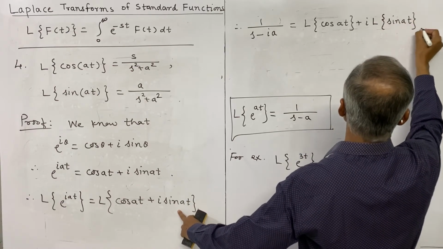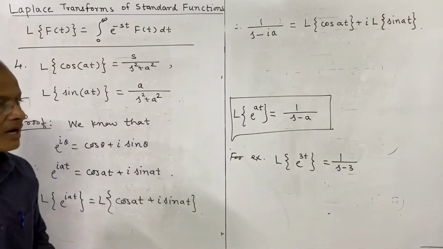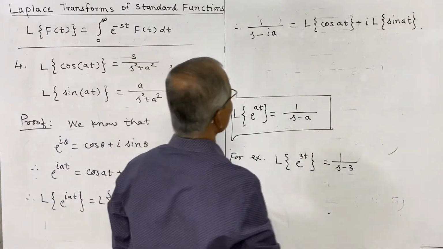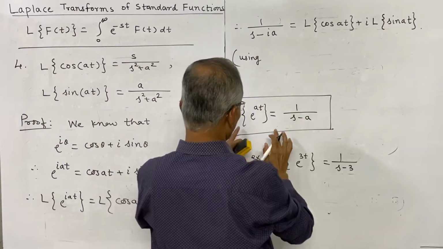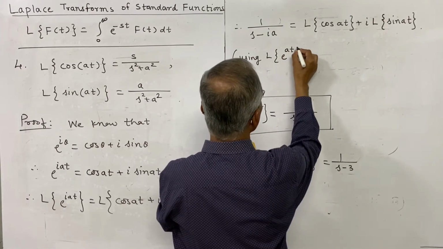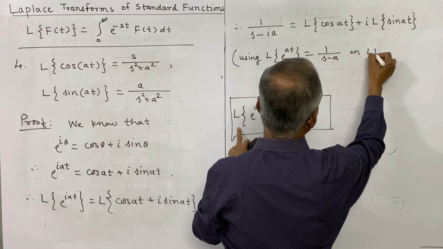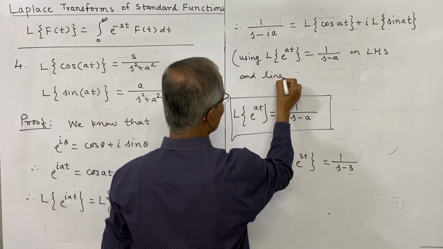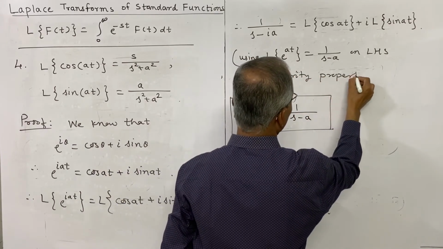So thus we have used this formula on the left side, and we have used the linearity property on the right side. So if you want, you may write this as using L of e power at is equal to 1 upon s minus a on LHS, and linearity property on RHS.